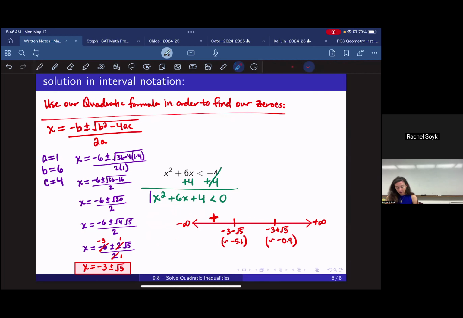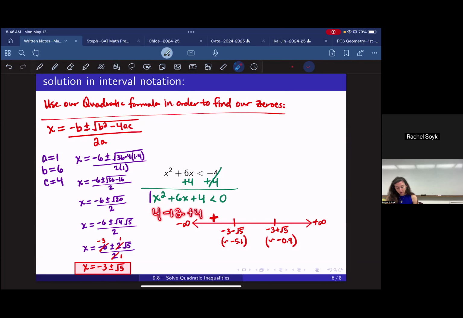Now let's choose a value between these two, so between negative 5.1 and negative 0.9. Again, be conservative. So I'm going to just choose negative 2. And so negative 2 in parentheses squared turns to positive 4. 6 times negative 2 is negative 12.